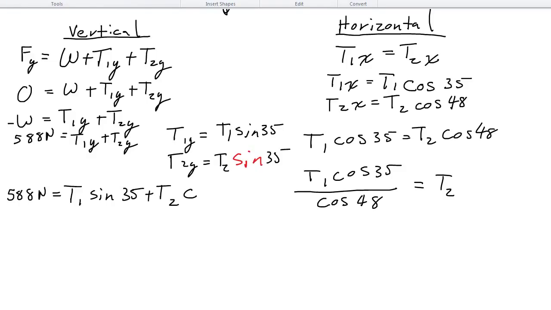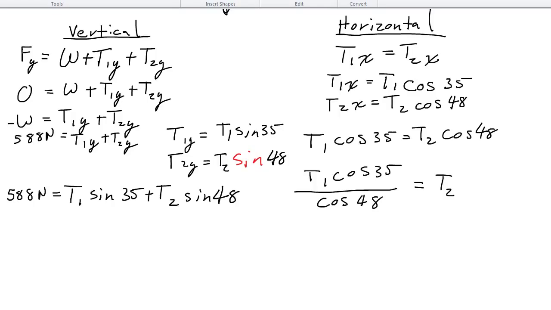So make sure you fix that. Okay, so T2 sine 35. Oh man, I really messed up that one. I shouldn't have said sine 35 at all. I should have said sine 48. The angle for the tension on line 2 is 48 degrees.